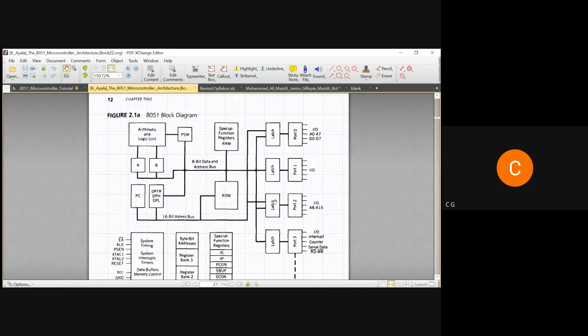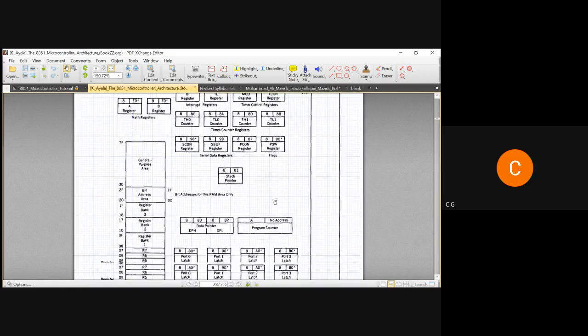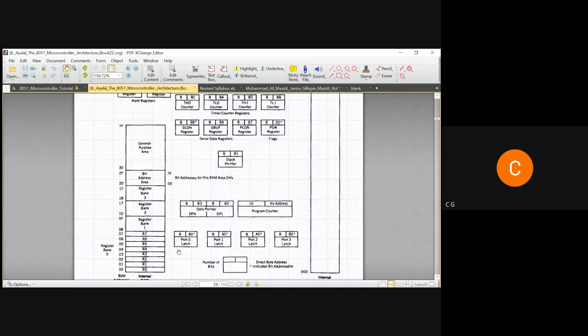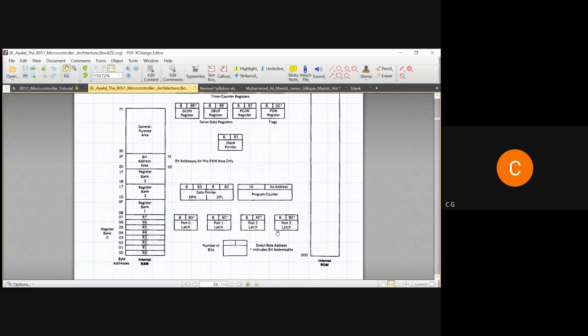This is a block diagram, the same as represented in the other reference book. This is all about the RAM. This part is only ROM, but the other blocks belong to the RAM area.